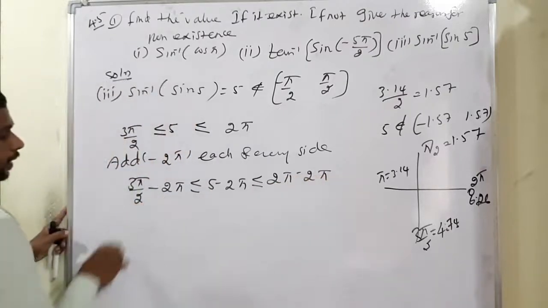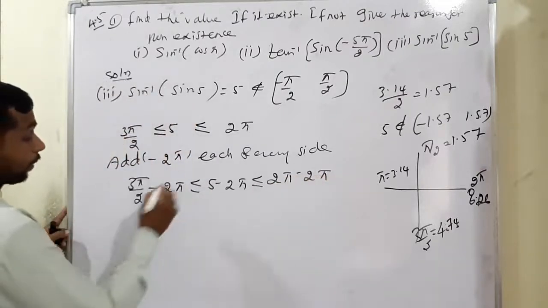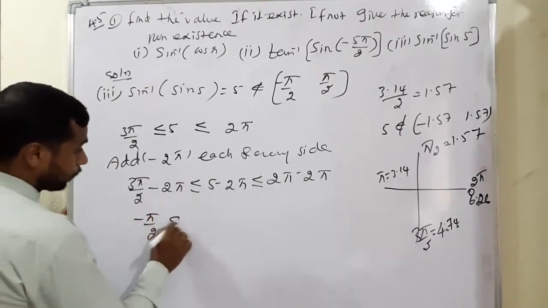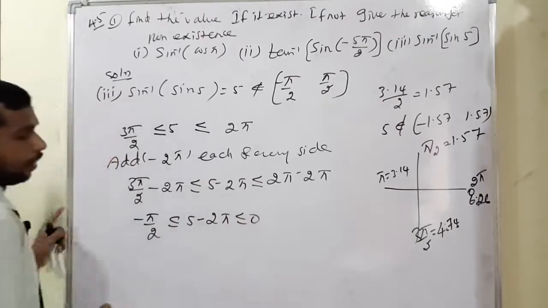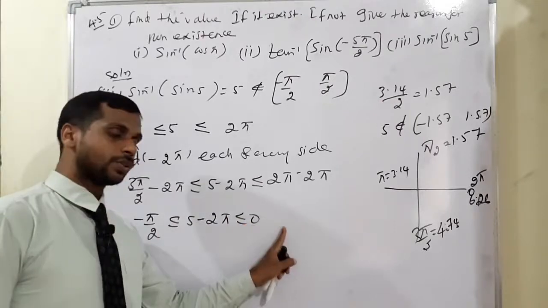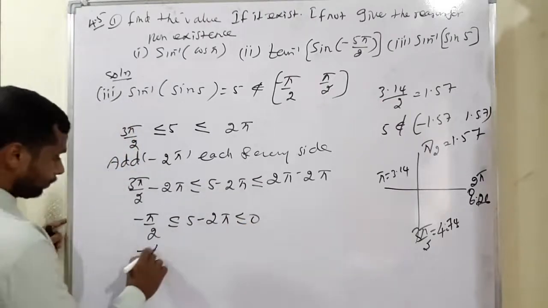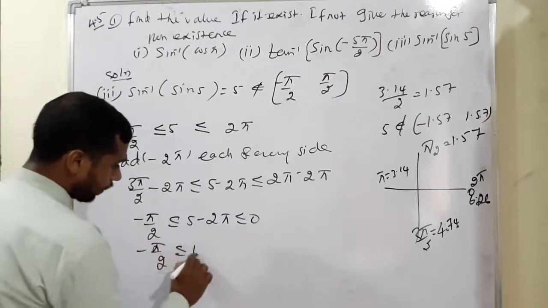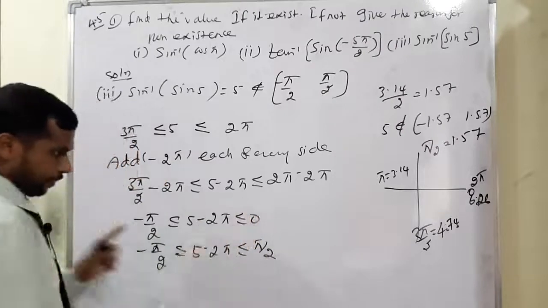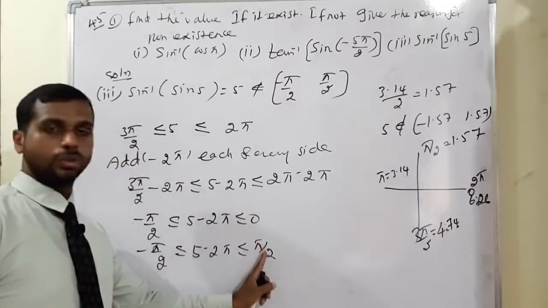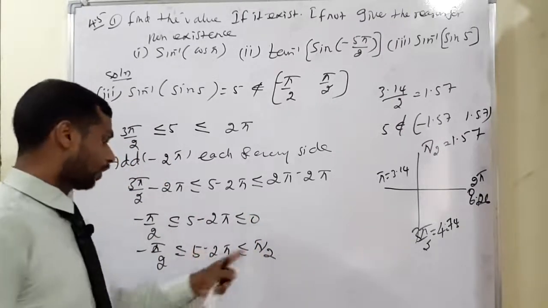Cross multiplying, 2 into 2 pi means 4 pi, 3 pi minus 4 pi means minus pi by 2, less than or equal to pi minus 2 pi, less than or equal to 0. So we can write positive pi by 2 instead of 0, because 0 is also between negative pi by 2 and positive pi by 2, so it does not affect the other values.